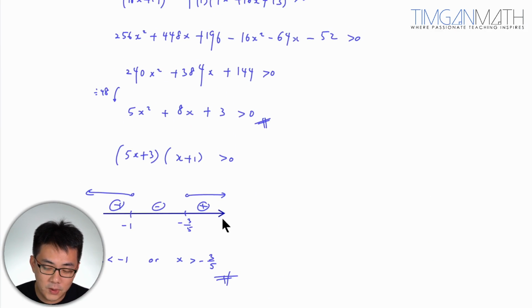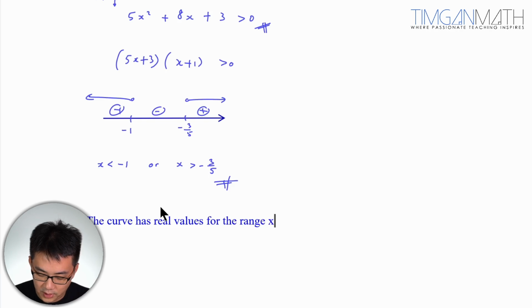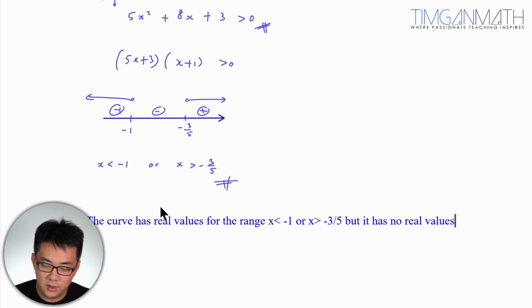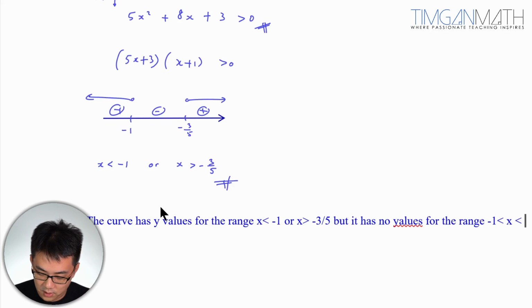So if there are real values here, from this equation we can say that the curve has real values for the range x less than -1 or x bigger than -3 over 5, but it has no real y values for the range -1 less than x less than -3 over 5. This is what we can deduce.